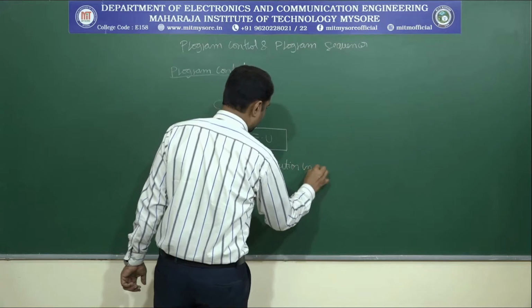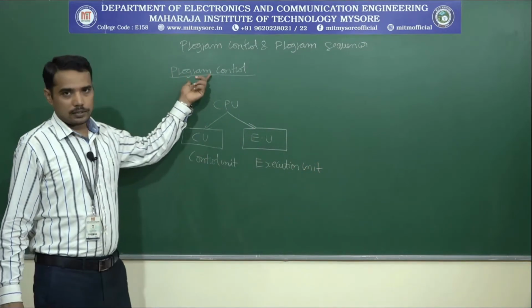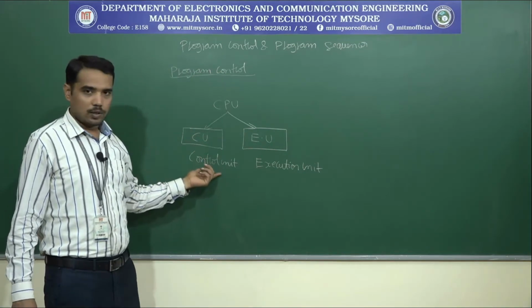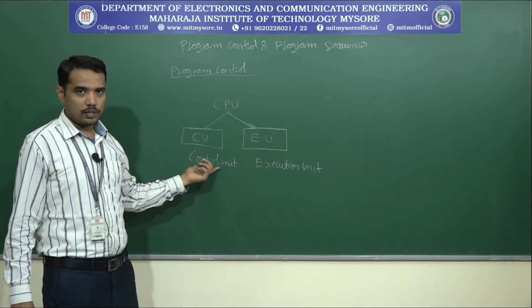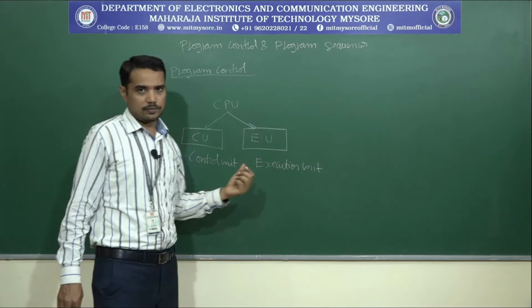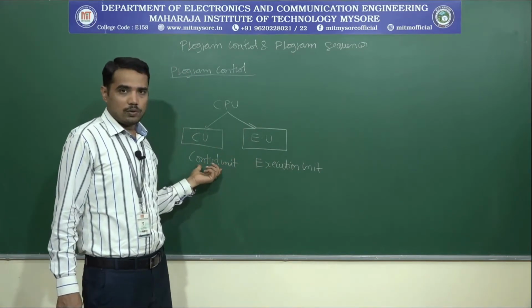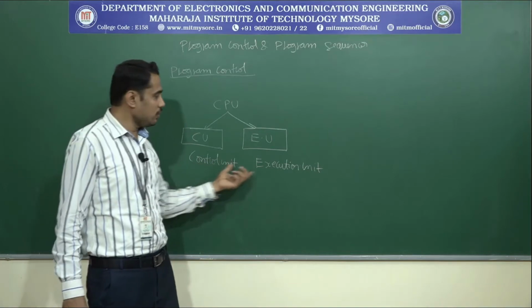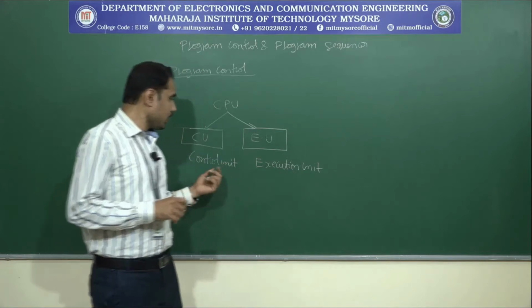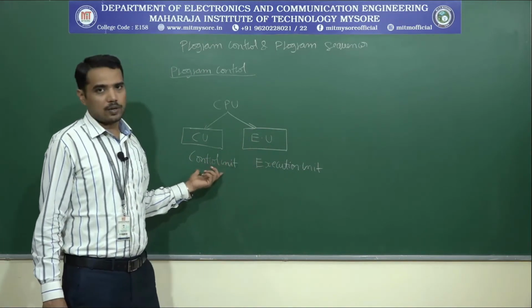Now, if we study program controllability, that is the control unit, then the execution unit will become easy. That means, if you know how the control unit is going to work, then you know how the execution unit is going to work. In this case, the execution unit is dependent on the control unit.